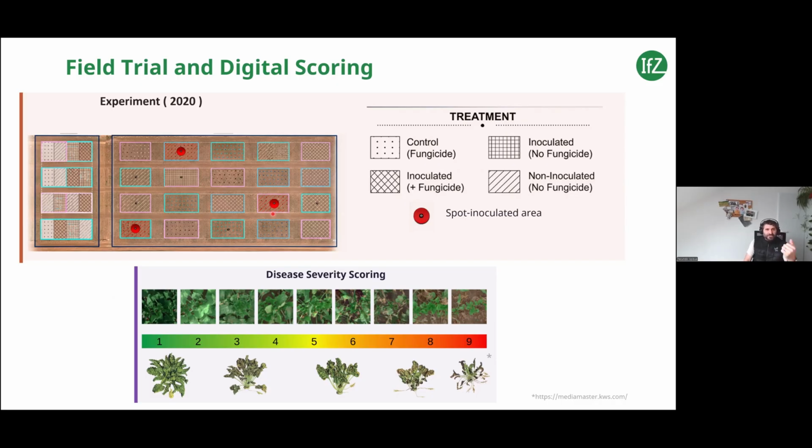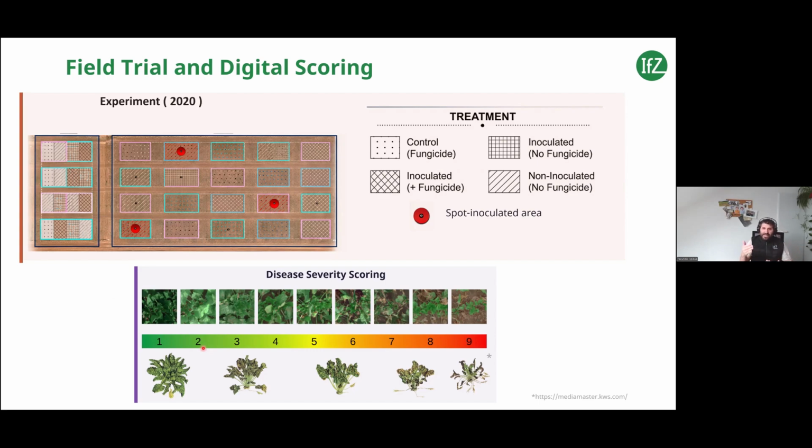For scoring, we adapted the KWS scale for this disease, which goes from 1 to 9. One is a very healthy plant, 9 is completely diseased, and number 2 is the first symptom.